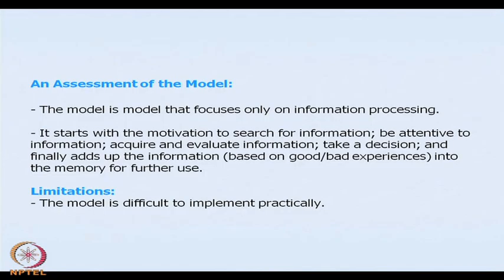So, basically we start with information processing capacity, and then we have motivation to search for more information if the information cue is more relevant to us or more pertinent to our need in question.